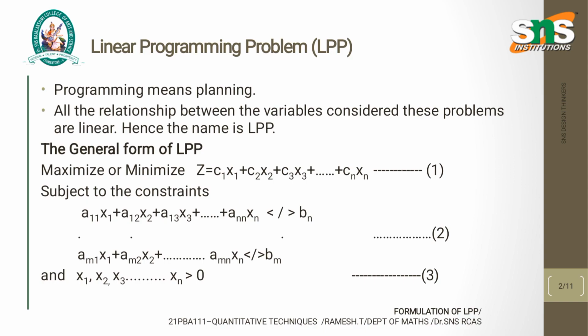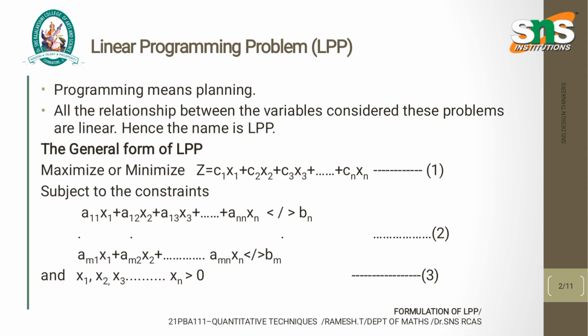So what is the general form of linear programming problem? It has an optimum, either maximum or minimum, that is c1x1 plus c2x2 plus c3x3 plus etc. cnxn, called the objective function or cost function, subject to the constraints a11x1 plus a12x2 plus etc. a1nxn either less than or equal to or greater than or equal to b1.